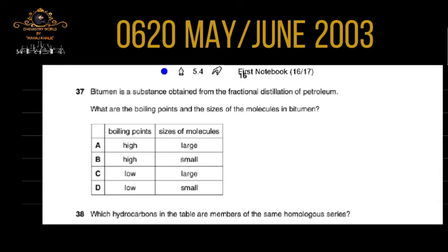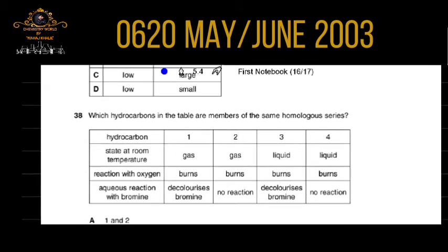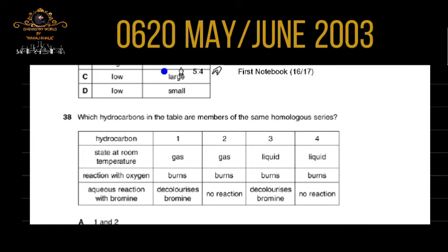What are the boiling point and size of the molecules in bitumen? The size is large and the boiling point is high. Option A.